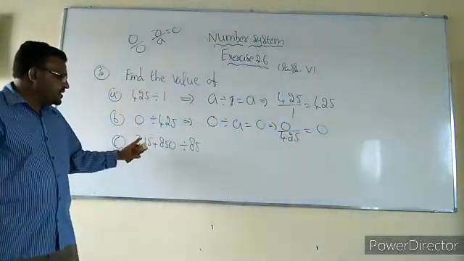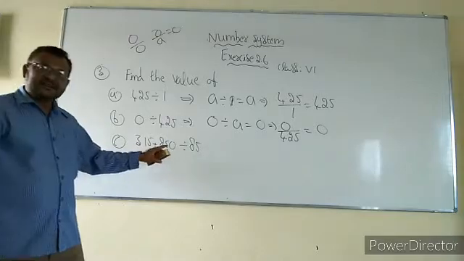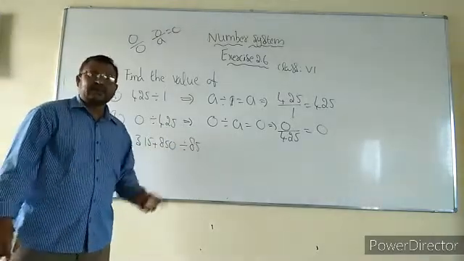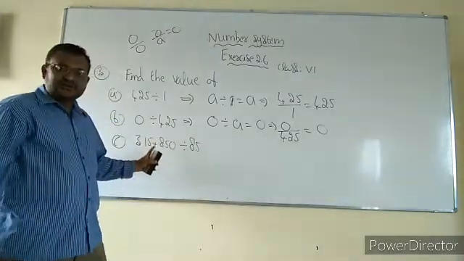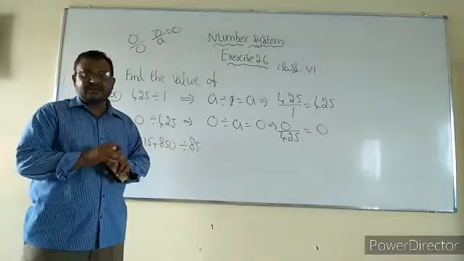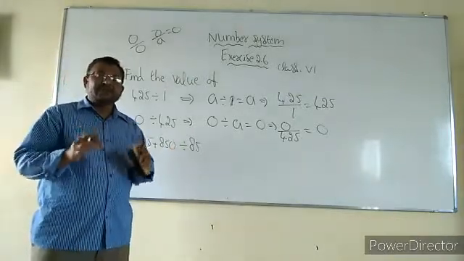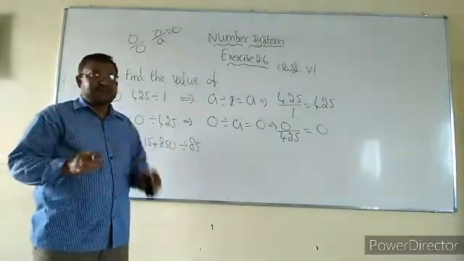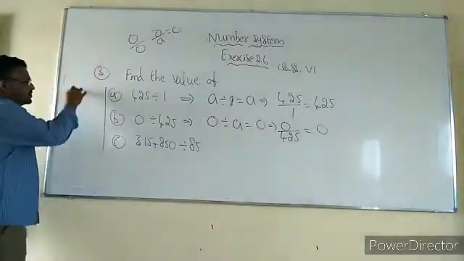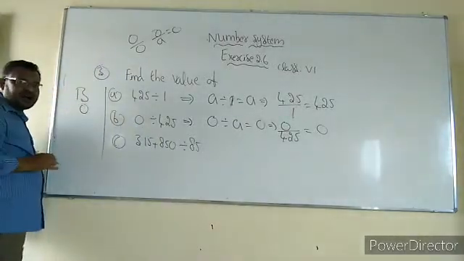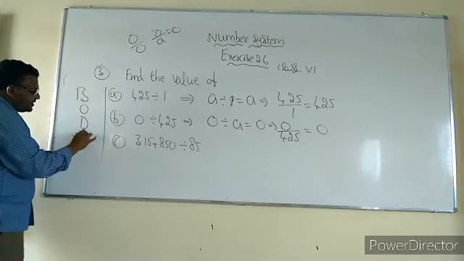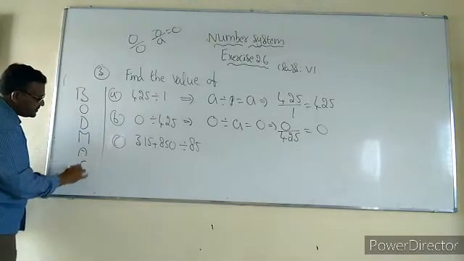The third one is 315 plus 850 divided by 85. Here two signs are used, one is plus, one is divided by. So we have to use the BODMAS rule: brackets, of, division, multiplication, addition, subtraction.